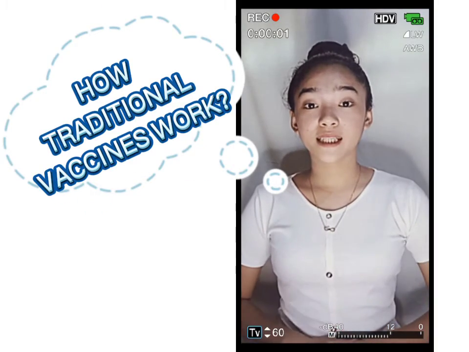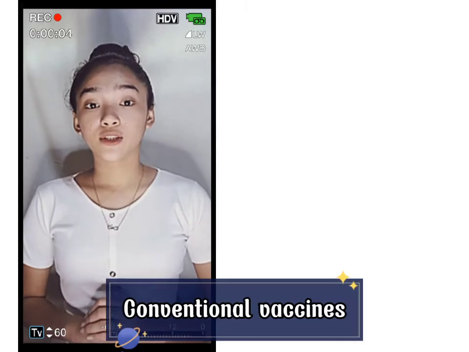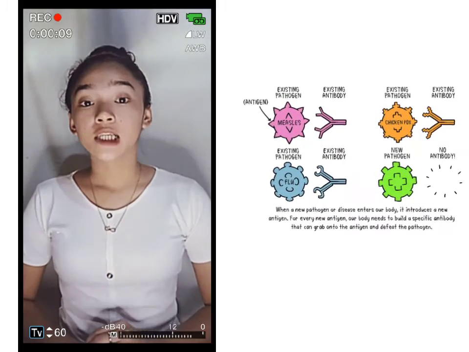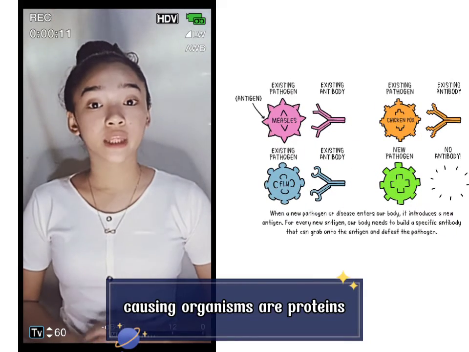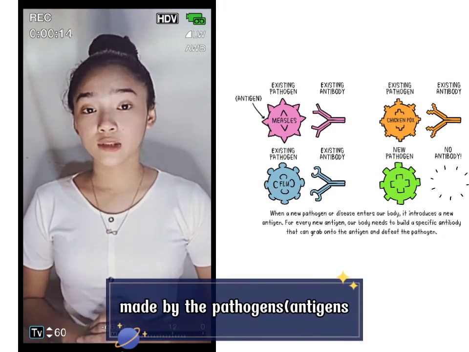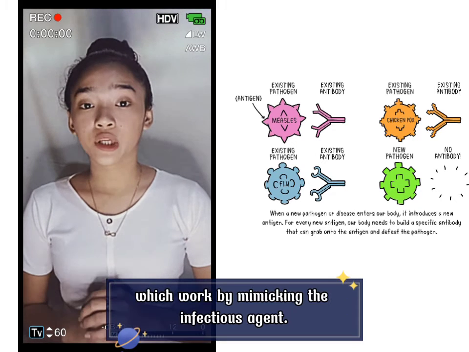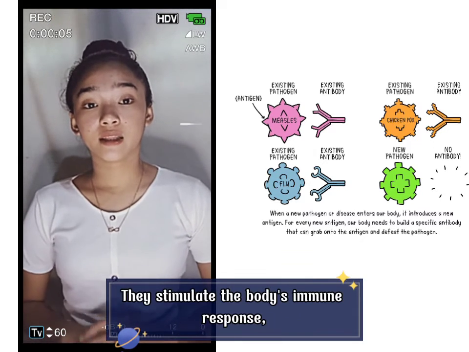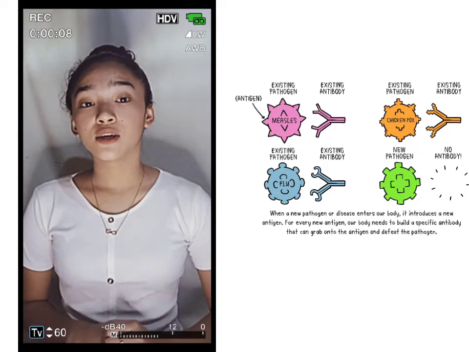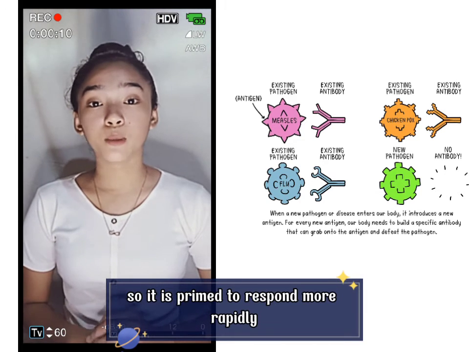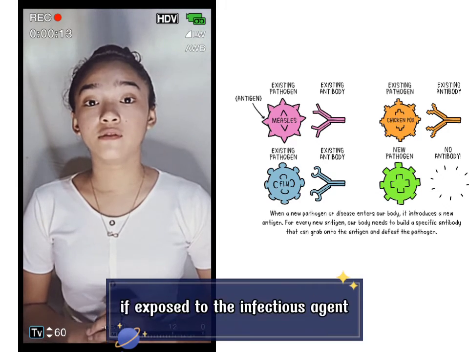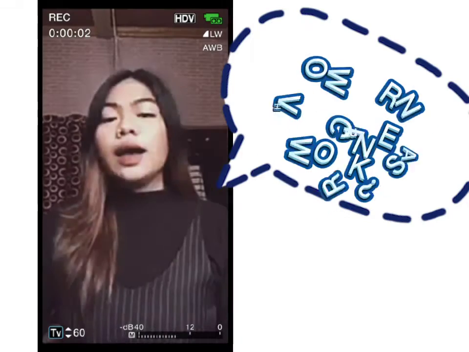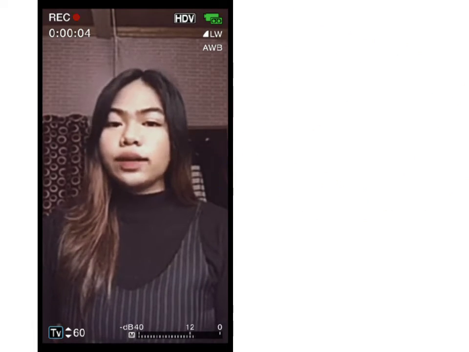How traditional vaccines work. Conventional vaccines usually contain inactivated disease-causing organisms or proteins made by pathogens, or antigens, which work by mimicking the infectious agent. They stimulate the body's immune response, so it is primed to respond more rapidly and effectively if exposed to the infectious agent in the future. How mRNA vaccines work.